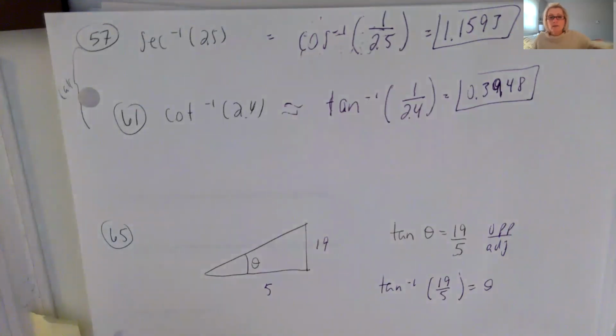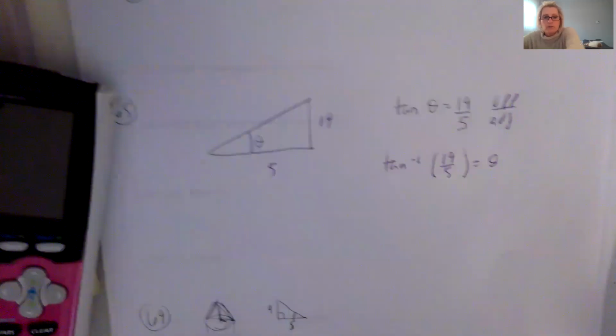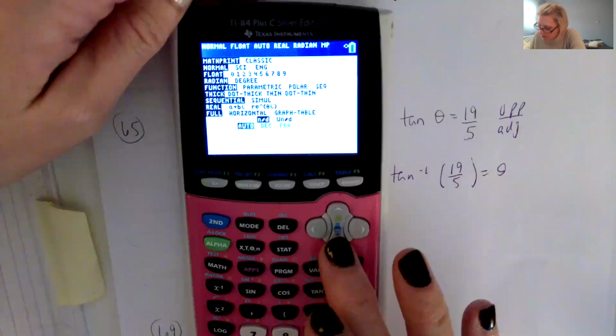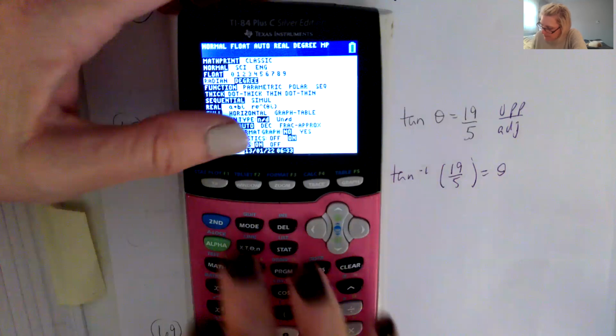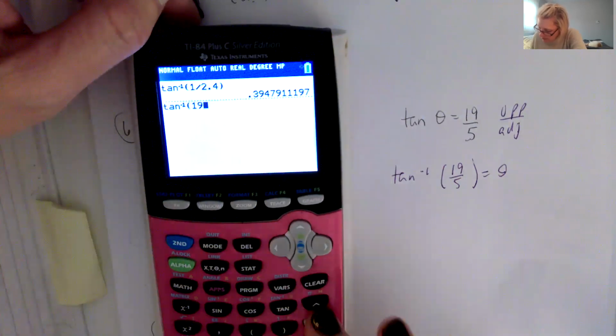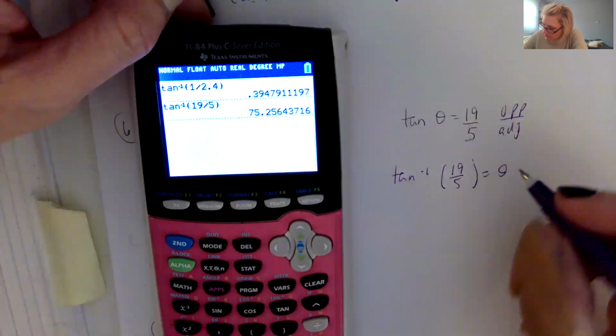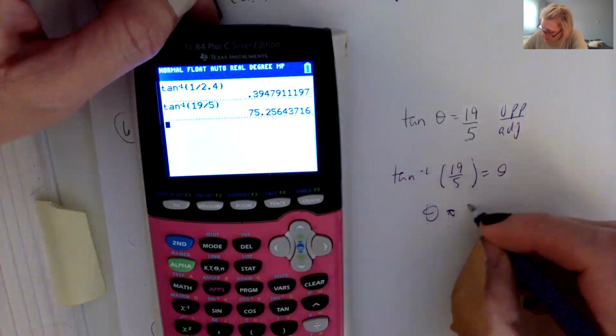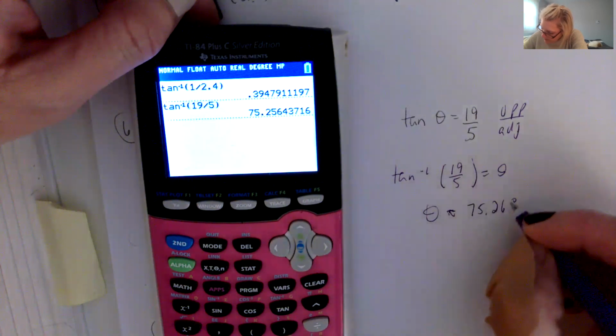And they want it in degrees, so we're going to put it in degree mode, and then do the inverse tangent of 19/5. And so we get the angle is approximately 75.26 degrees.